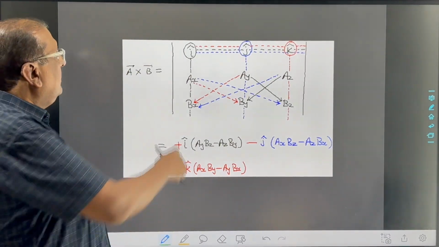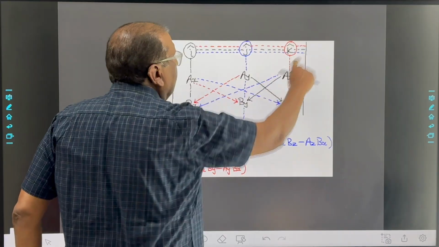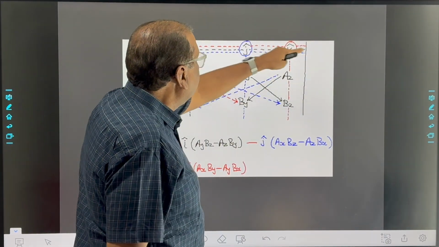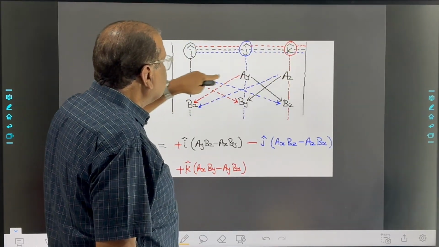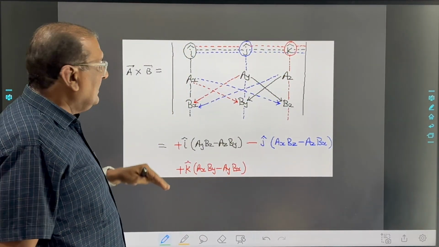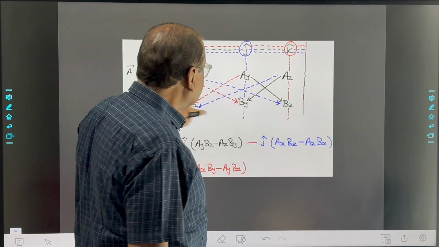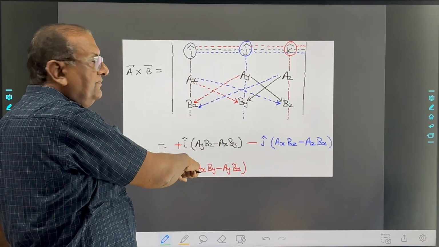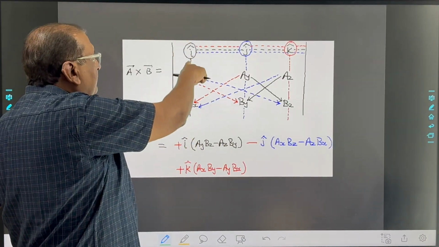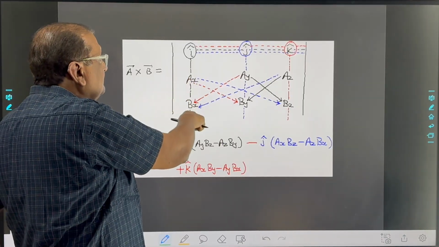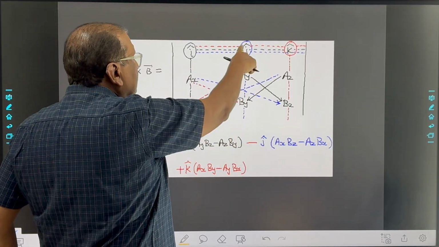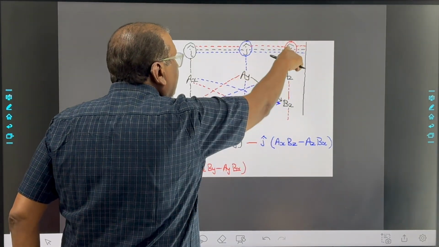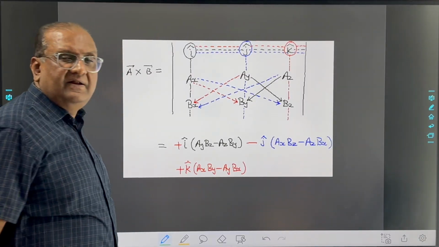For a determinant, this one is known as a row, and i, j, k are the components of the first row, Ax, Ay, Az are components of the second row, Bx, By, Bz are components of the third row. This one is the column. So the components of the first column are i caret, Ax, Bx. For the second column, j caret, Ay, By. Then for the third column, k caret, Az, Bz.